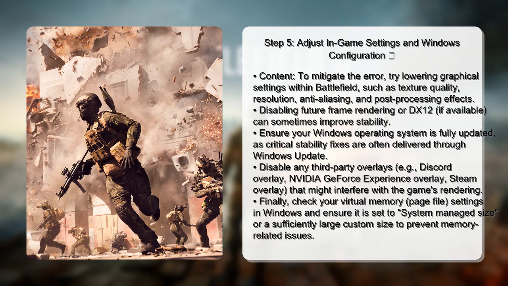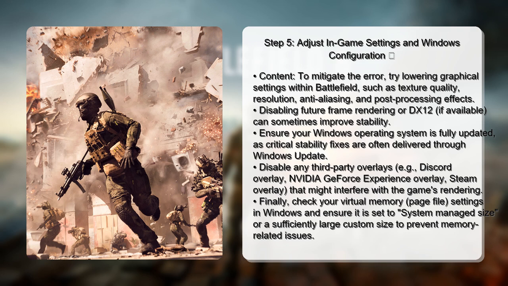Step 5. Adjust in-game settings and Windows configuration to mitigate the error. Try lowering graphical settings within Battlefield, such as texture quality, resolution, anti-aliasing, and post-processing effects. Disabling Future Frame Rendering or DX12, if available, can sometimes improve stability. Ensure your Windows operating system is fully updated, as critical stability fixes are often delivered through Windows Update.